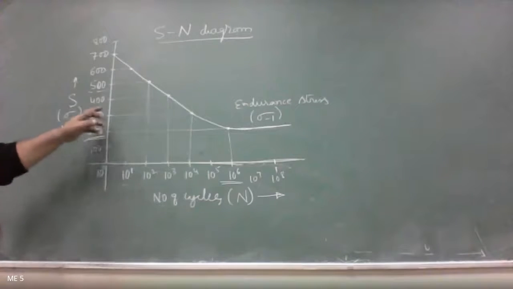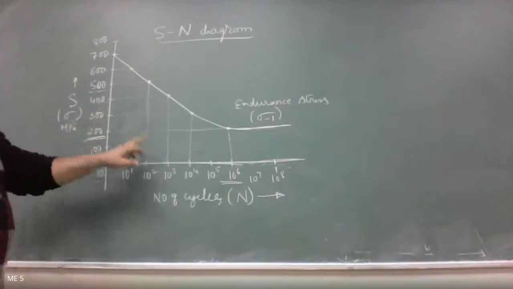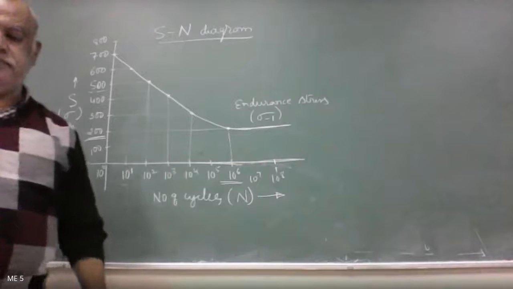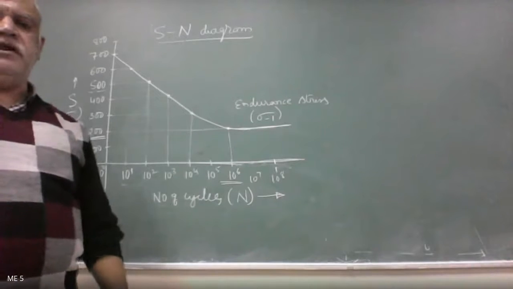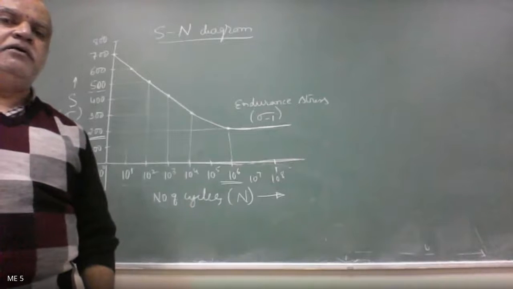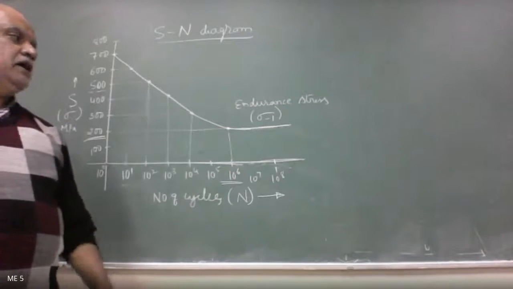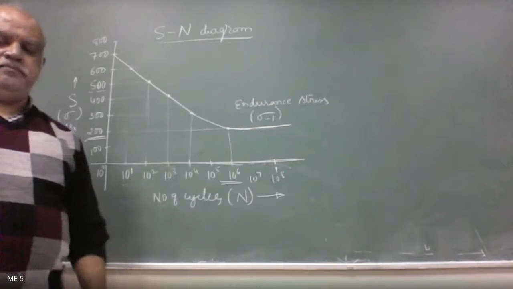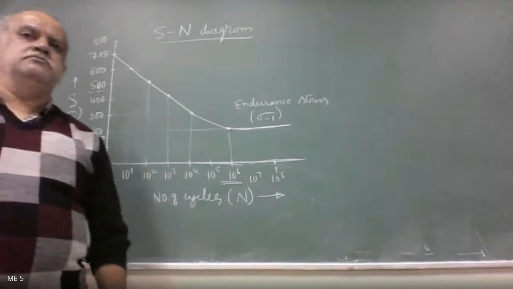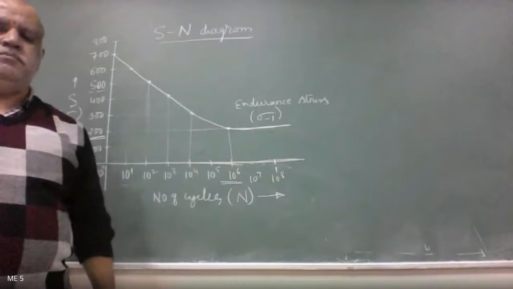So someone tell me, at 400 megapascal, what is the number of cycles it can withstand? It is 1000 cycles, like that. Produce failure at a given stress. Full stop. A typical SN diagram is as shown in the figure. Full stop.